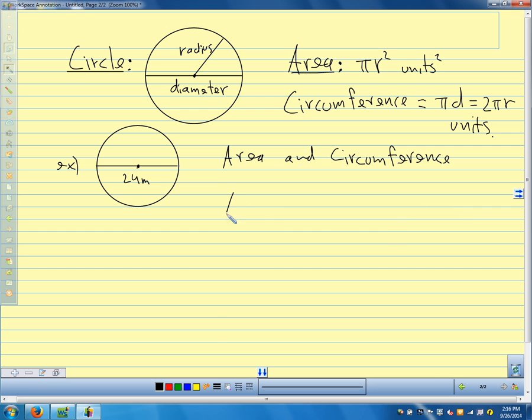So our area, pi times what squared? 12 squared. This is the diameter, so we want 12 squared. 12 squared is 144. So I'm going to write the answer like this first.